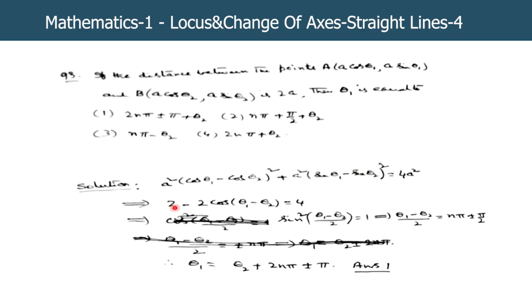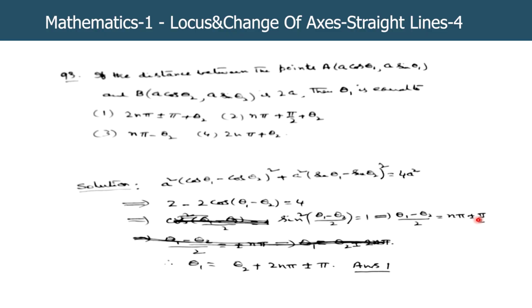So when you add, you will get 2 minus 2 cos of theta 1 minus theta 2 is equal to 4. That means sin square of theta 1 minus theta 2 by 2 is equal to 1, because you know that 1 minus cos theta is 2 sin square theta by 2. So this shows that theta 1 minus theta 2 is equal to n pi plus or minus pi by 2.